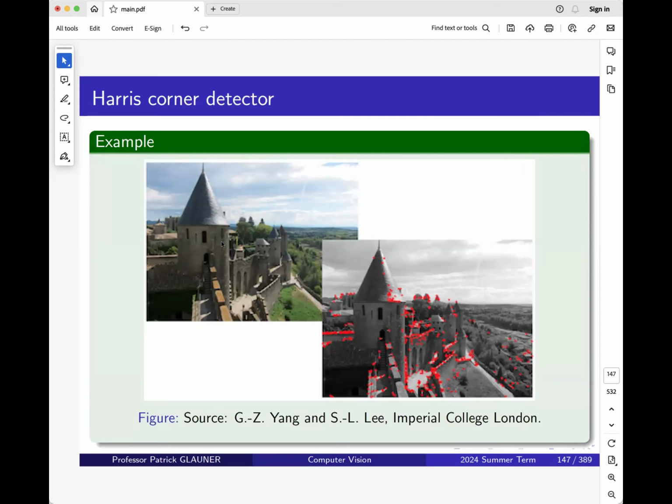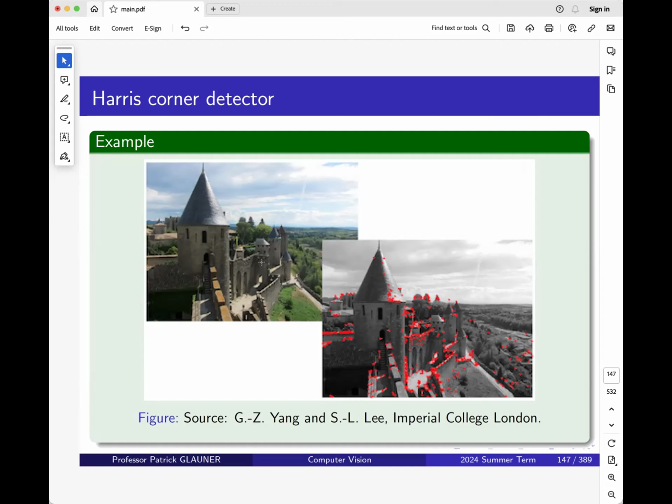However, if you zoom in too much, it may deliver a lot of unnecessary corners. That's why thresholding plays a particular role. But overall, the Harris corner detector is quite a good approach to find corners. There are obviously many more detectors that can find corners, but the beauty of the Harris corner detector is that the concept can also be derived during a lecture, as we have just done.